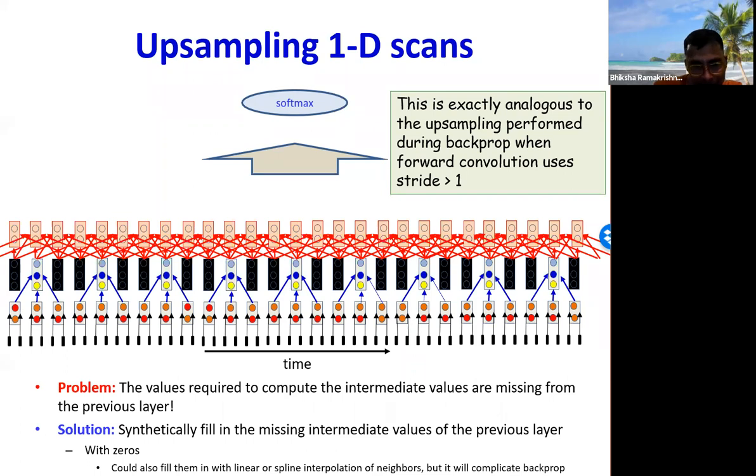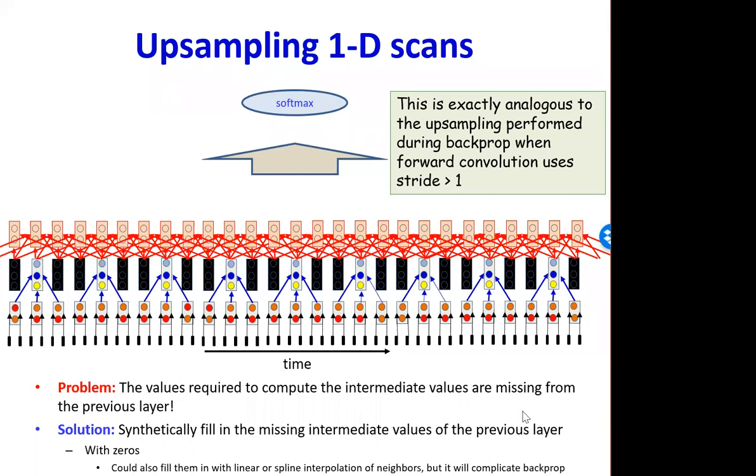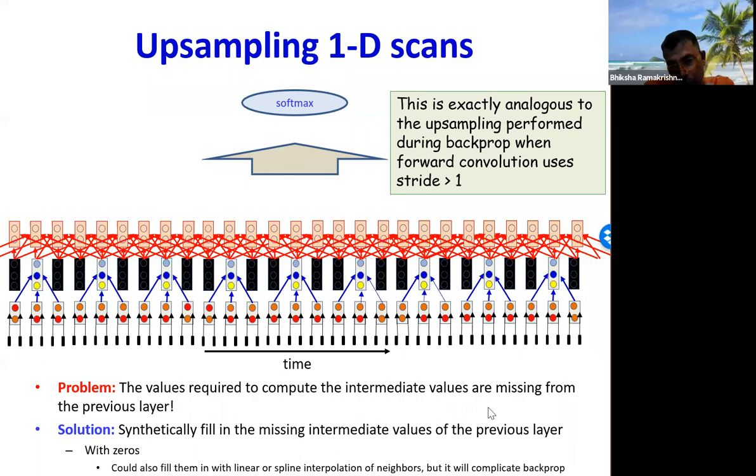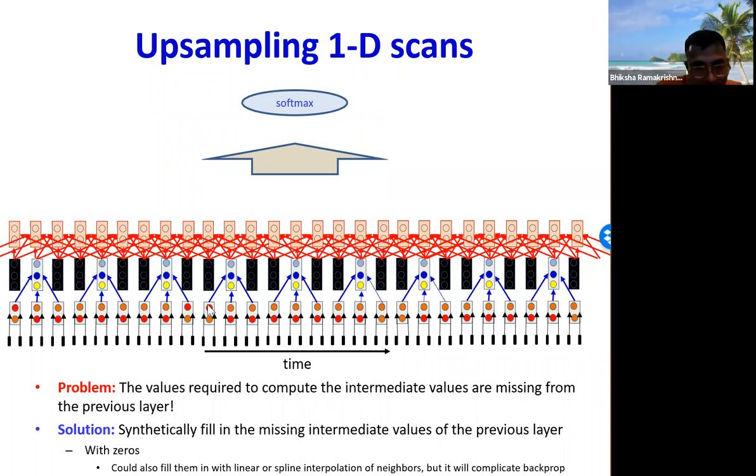Is this making sense, guys? Right? So why can't we just set the stride to be 1? If the stride is 1 up here, let me go up.